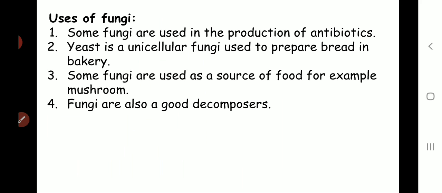Third point, some fungi are used as a source of food, for example, mushroom. Fourth point, fungi are also good decomposers which degrade dead organic matter. That's why they are called saprophytes. So in this way we find benefits from fungi.